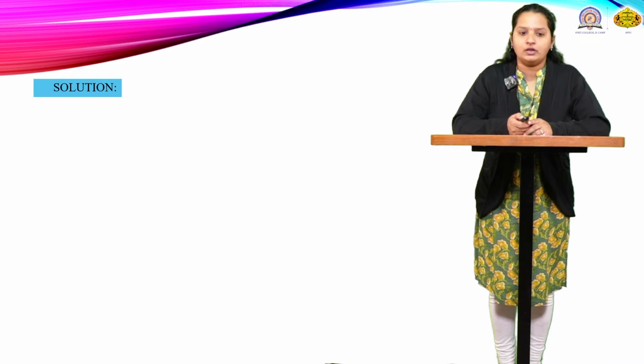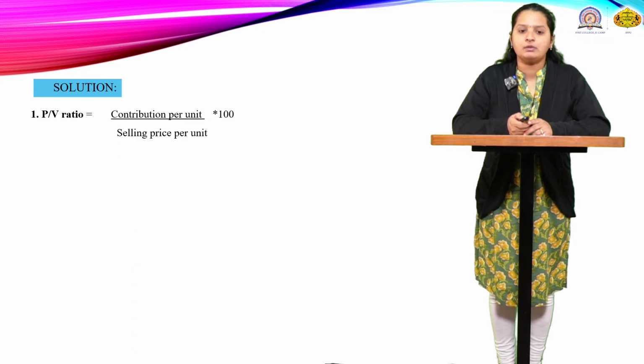So let's start the calculation. First, PV ratio. For calculating the PV ratio, we know the formula: contribution per unit upon selling price per unit into 100. First of all, we have to calculate the selling price per unit, which we don't have in our example.